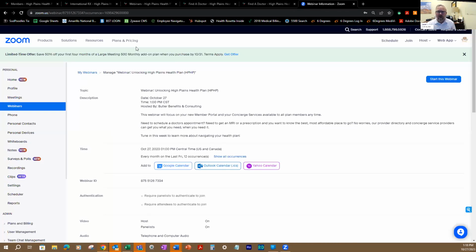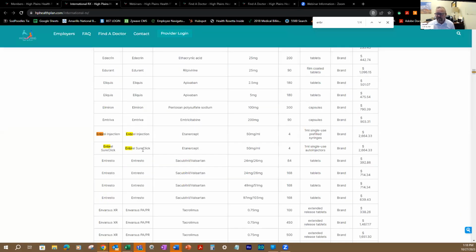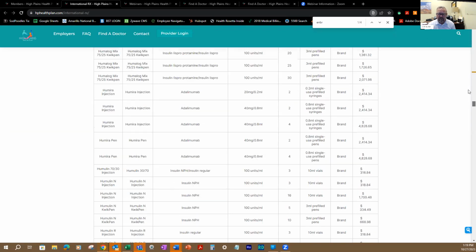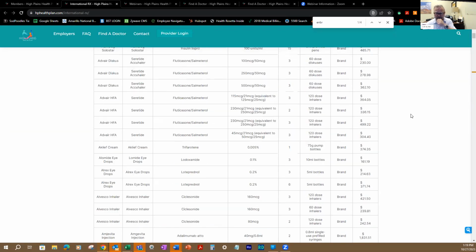So that's the international drug list, guys, that I could give you. Literally, you can see how comprehensive it is, and it gives a lot of information. Like Advair HFA, there are different dosages, quantity limits, and different prices. So you can match your specific prescription, your dosage, your frequency, and your price.